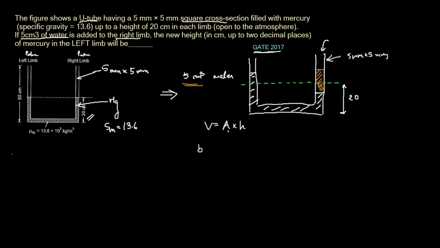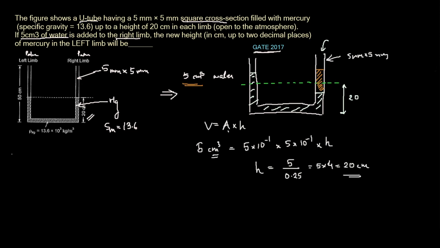So 5 centimeter cube is equal to 5 into 10 raised to minus 1 centimeter, into 5 into 10 raised to minus 1, into the height. From here we get h is equal to 5 by 0.25, which is nothing but 5 into 4, that is 20 centimeter. We get it in centimeter because we converted everything to centimeters.